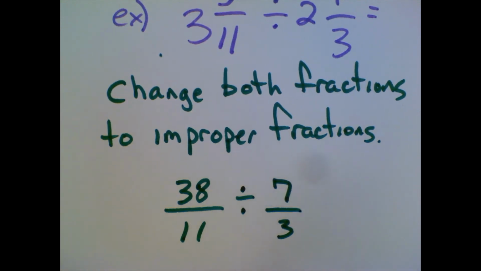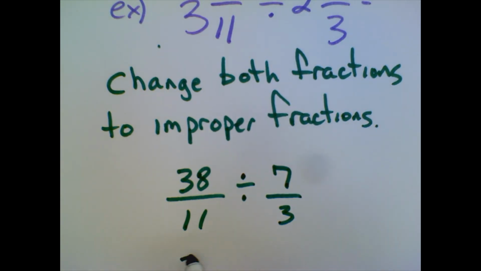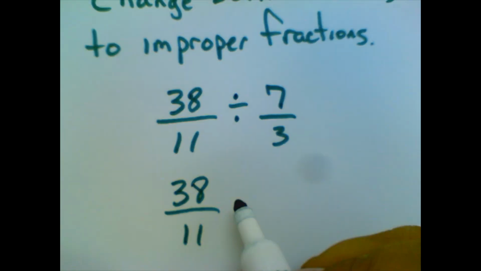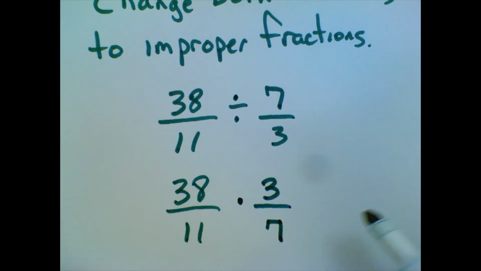And now we can use the division rule about multiply and flip. So we're going to leave the first fraction alone, and then we're going to multiply by the reciprocal. Check and see if you can slash anything here. It doesn't look like we can, so we multiply straight across.